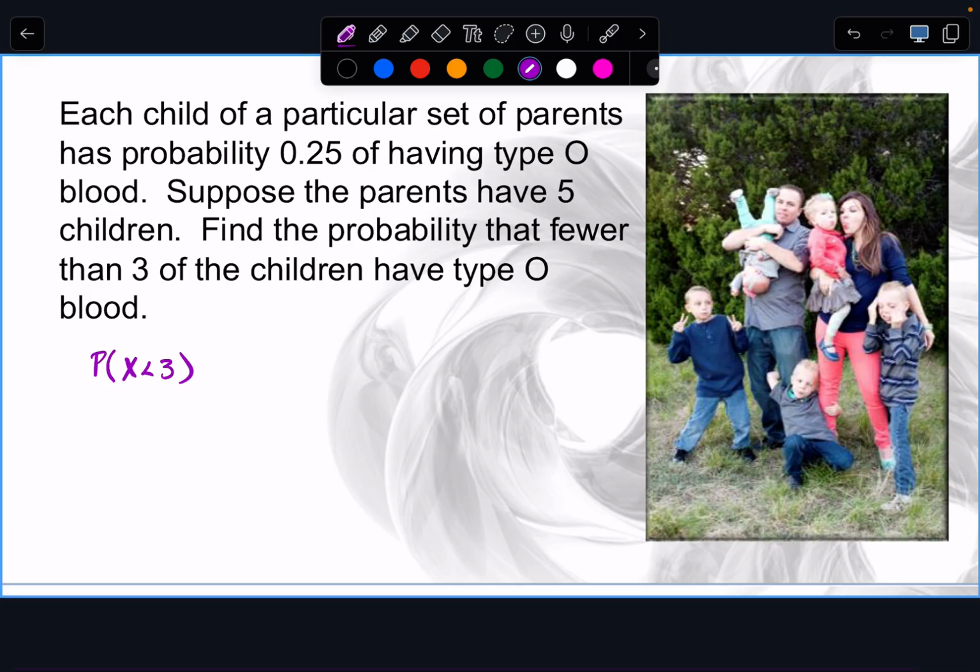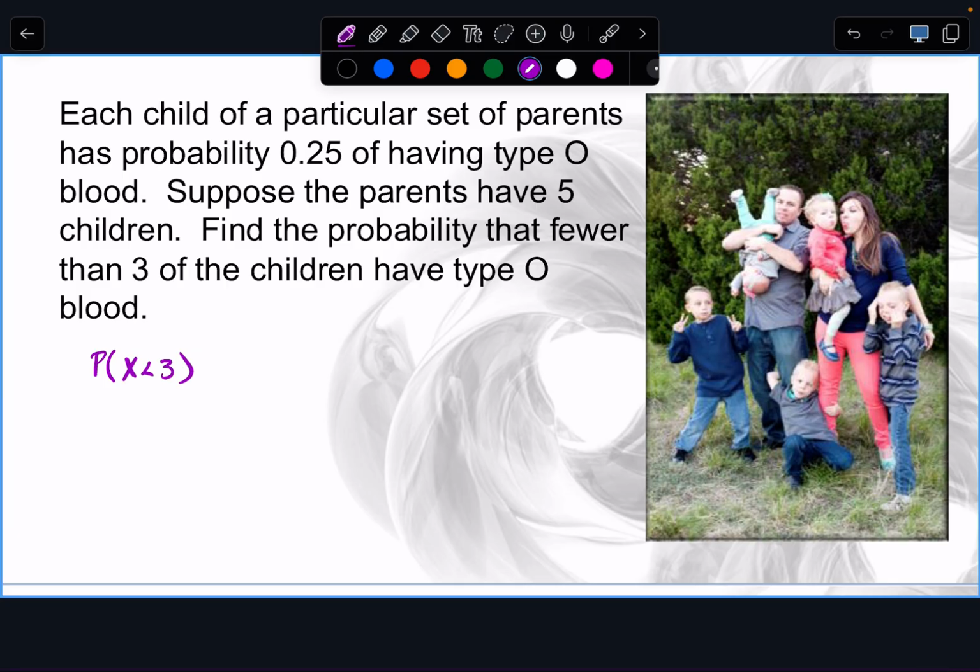So if I were to attack this with the formula, what would I have to consider here? If I want X less than 3, then which outcomes specifically do I need to account for? How many kids could have type O blood? 2, 1, or 0.